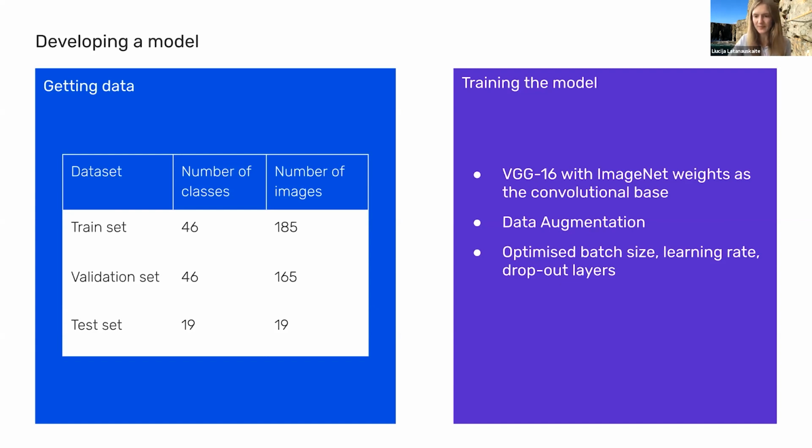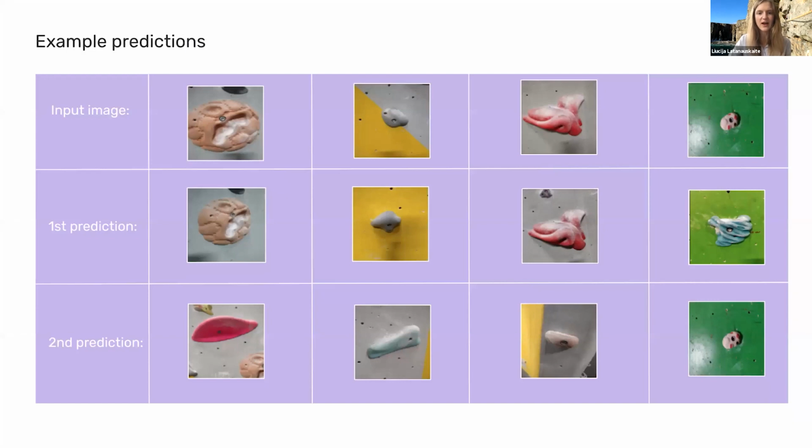So to show you some examples, the first row corresponds to the input image I'm giving to the model, and then the route the model is giving as its first prediction and as its second prediction. We're basically expecting the same hold or the same route to appear in the middle row.